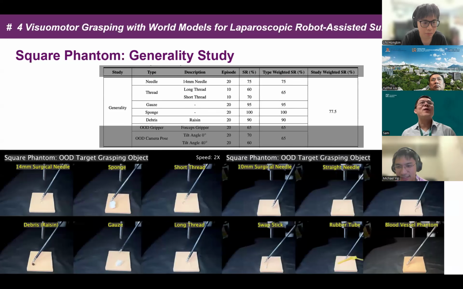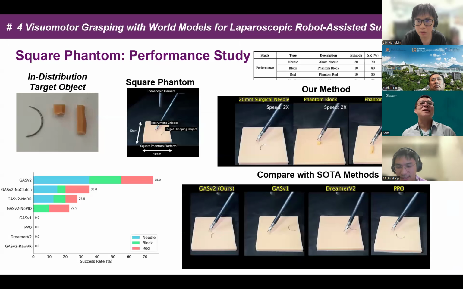I have one question for experts like you and Daoqi. When we call something a successful grasp, is it just based on whether it can successfully grasp it, or do we have other quantitative measurements of how good the grasping is? Because in control, we have a lot of quantitative measures like acceleration, speed, or overshoot.